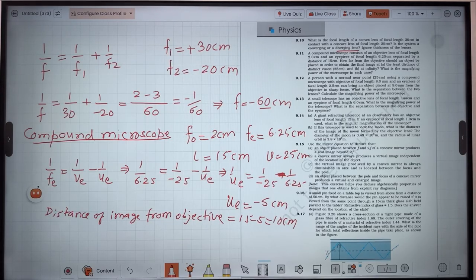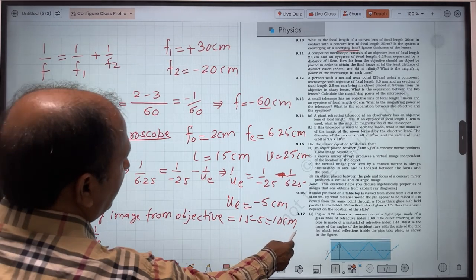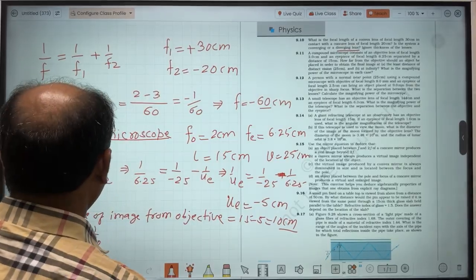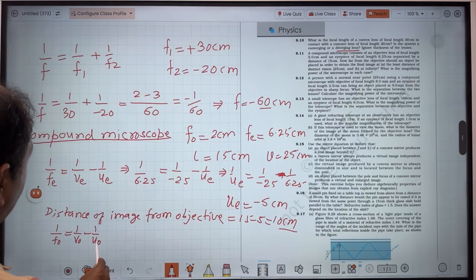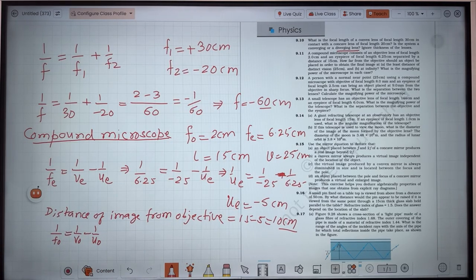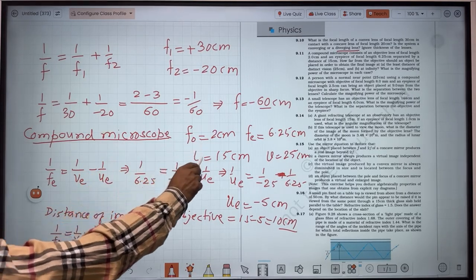Now for the objective, let's apply the formula 1 upon FO equals 1 upon VO minus 1 upon UO. Here VO we have found as 10 centimeter, right, and we have to find out UO. We are given FO also. FO is 2 centimeter in our question.